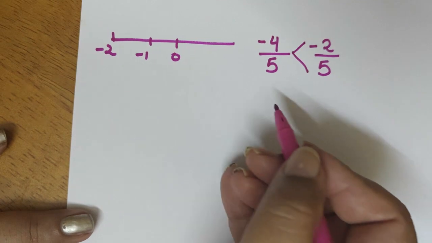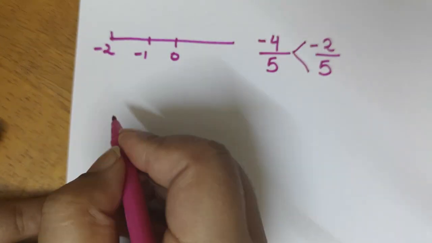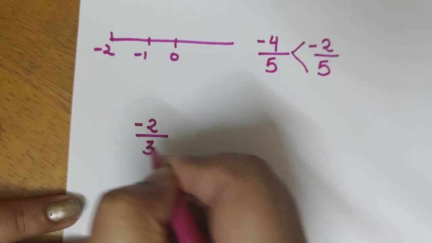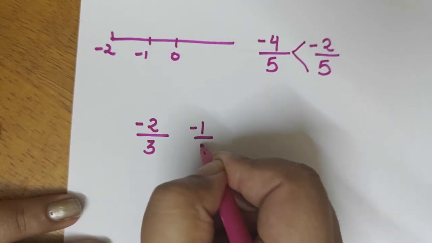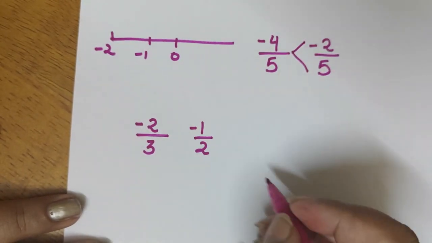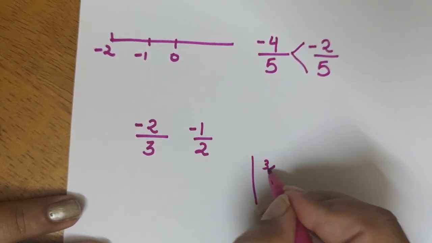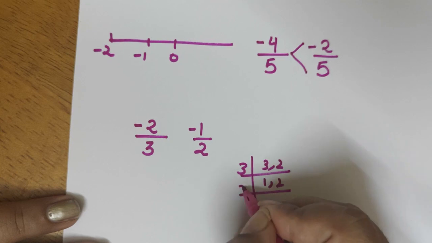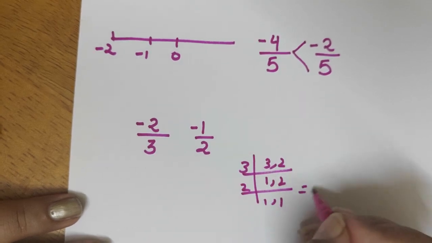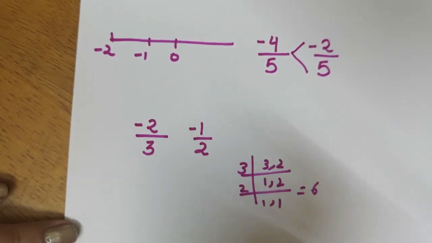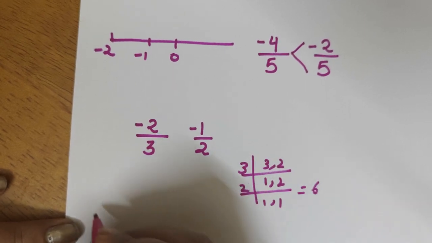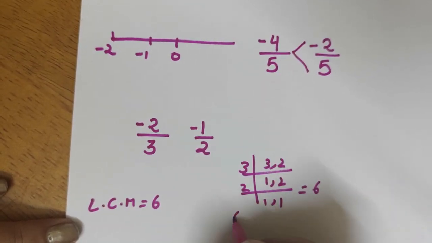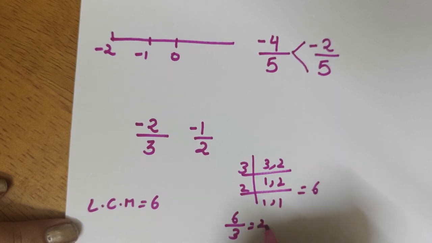Now similarly, what we did with the positives, if both have different denominators, say I have -2 by 3 and -1 by 2, I will take the LCM. The LCM will come to 6. So first of all I will change this one. I know the LCM is 6. I will divide 6 by 3, which comes to 2.